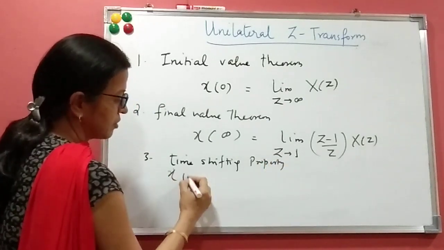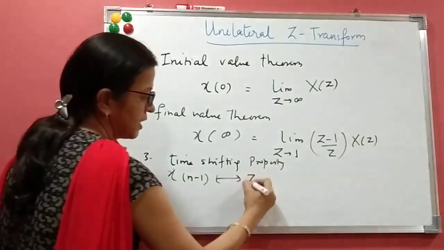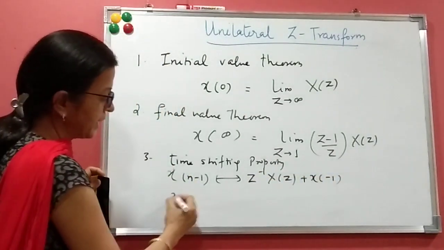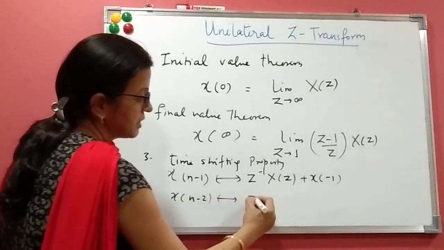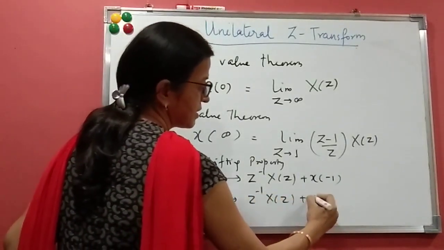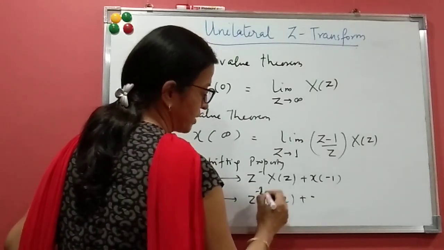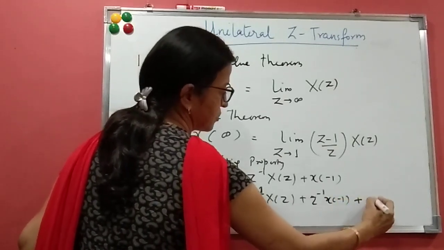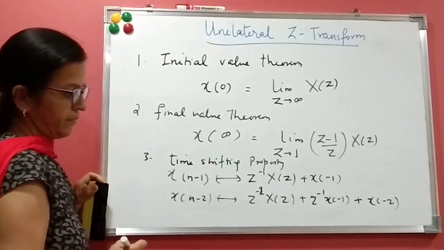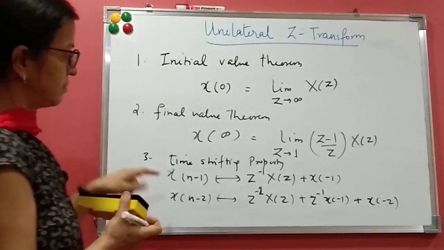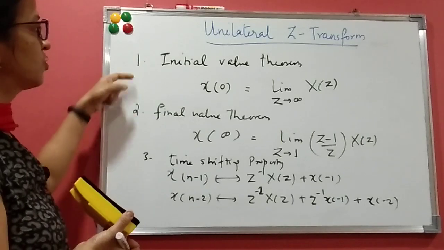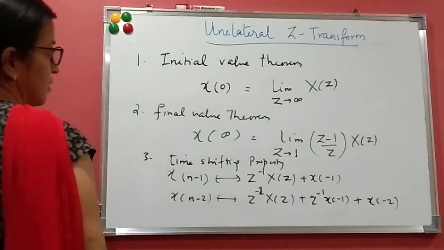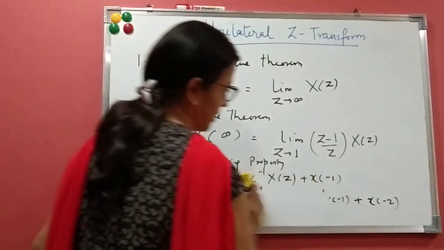It says that the transform of x of n minus 1 is z raised to minus 1 x of z plus x of minus 1, or the transform of x of n minus 2 is z raised to minus 2 x of z plus z raised to minus 1 x of minus 1 plus x of minus 2. So this is the property which is different in unilateral Z transform, and these are the two extra theorems which we have in unilateral Z transform. Now we'll see the problems with the initial value theorem and the time shifting property.